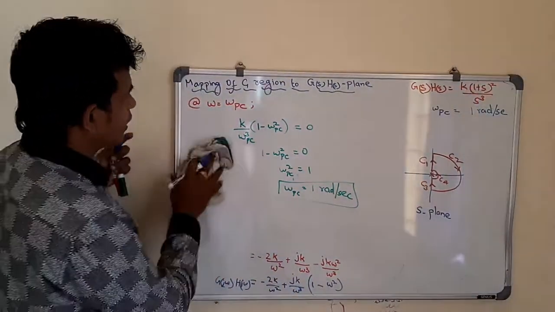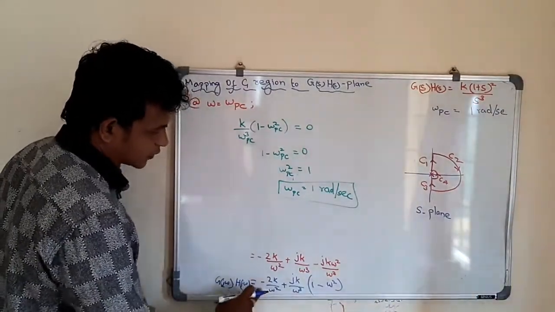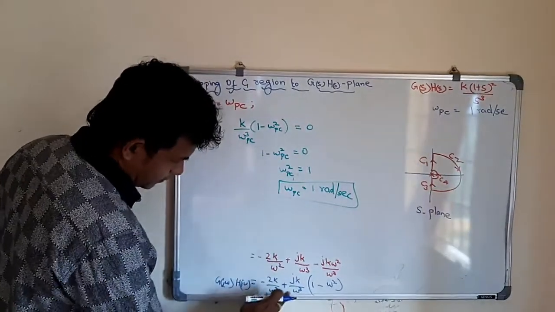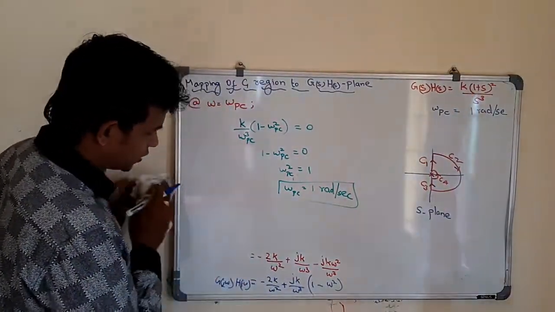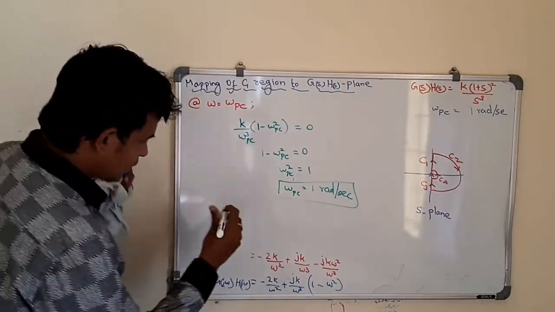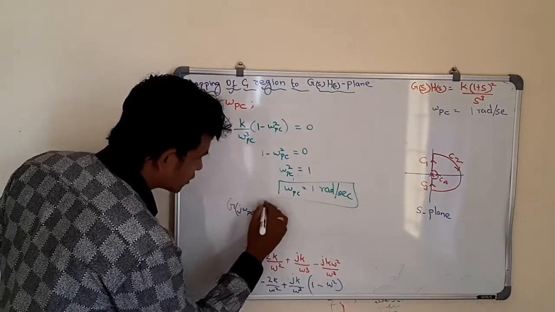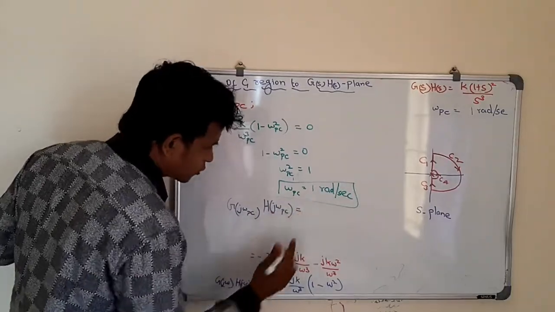So at omega equal to omega pc, I get the transfer function as minus 2k. When I substitute this value, I get minus 2k divided by 1 square, that is equal to minus 2k. So g of j omega at the phase crossover frequency, h of j omega at the phase crossover frequency, is equal to minus 2k.